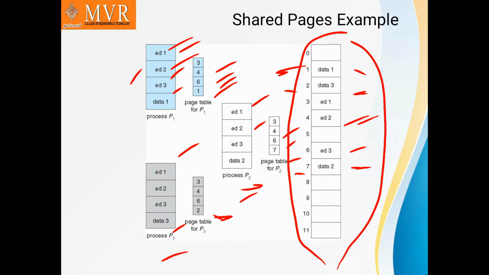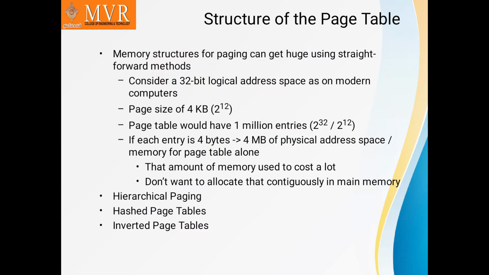Now, the structure of the page table. See here, the structure of the page table consists of hierarchical paging, hashed page tables and inverted page tables. Consider a 32-bit logical address space as on modern computers, and a page size of 4 KB, which is 2 to the power of 12.